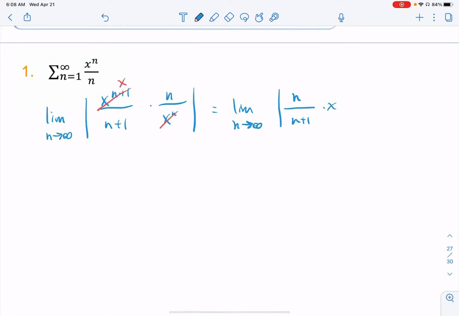It's on top, so I'll just put it right there. That's cool, right? So n is positive. It starts at 0 and then just gets bigger and bigger. We're going to infinity, so this positive number, the absolute value doesn't affect it, and so I can take it out of the absolute value.